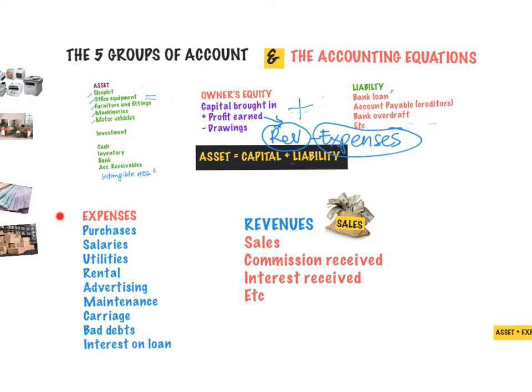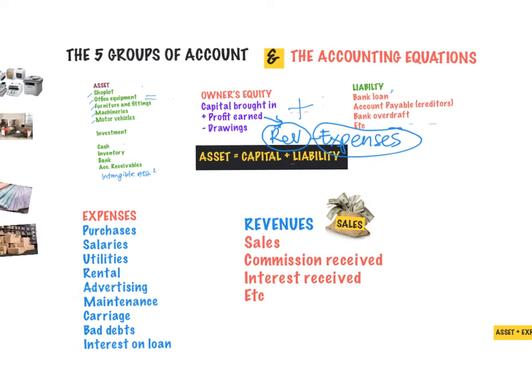Okay, then we look at the expenses. So what are the expenses? Expenses are actually what you need to incur in order to run your business. So there are two types of expenses, which are revenue expenses and also capital expenses. Revenue expenditure or operating expenditure are those that you need to incur so that you can operate the business.